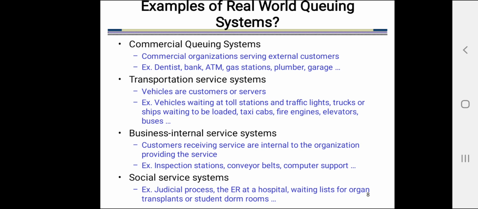In transportation service systems, vehicles are customers or servers: vehicles waiting at toll stations and traffic lights, trucks or ships waiting to be loaded, taxi cabs, fire engines, elevators, buses. These are some examples of transportation systems where waiting is applied.